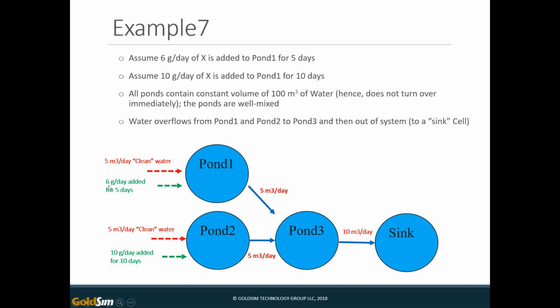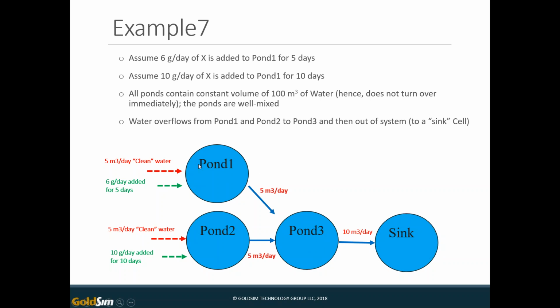I'm basically saying I'm going to add 6 grams per day into this pond for 5 days. I'm going to add 10 grams per day into this pond for 10 days. And I'm putting in 5 cubic meters per day of water flowing into these ponds. These guys then overflow, let's say, into a third pond. And then it overflows out of the system.